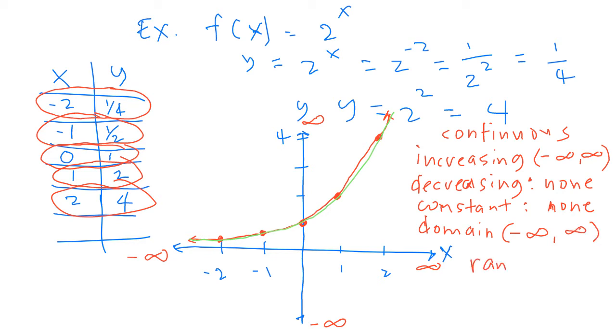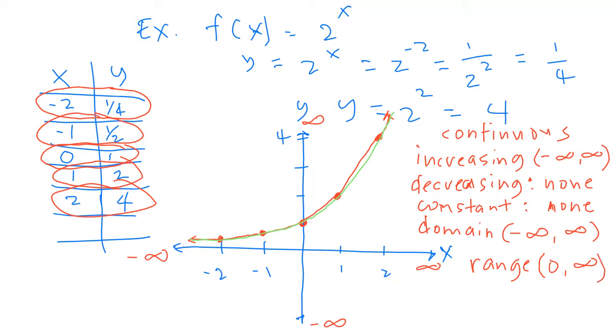Range would be the y. And remember, the graph is occupying only the first quadrant and the second quadrant. It never touches the x-axis, and it's not crossing the x-axis also. So it means you will get parenthesis 0 here. So it means it's just approaching 0. The graph is not touching 0. And then comma positive infinity because it's going up.